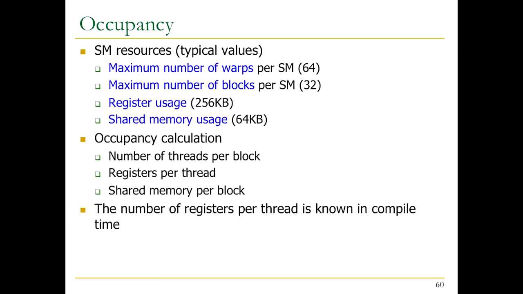This shared memory is 64 kilobyte in the most recent architecture. So what's the usage that one particular kernel needs to make of these resources? This is what is going to condition the maximum number of warps that we can execute in our program.